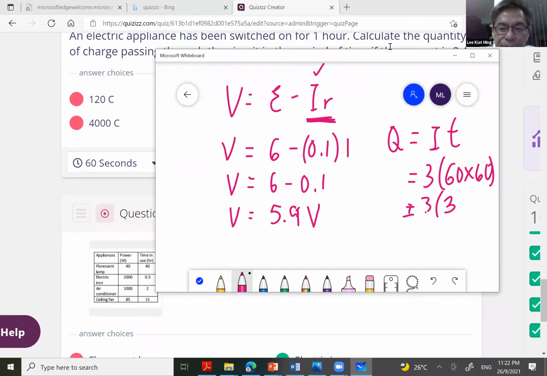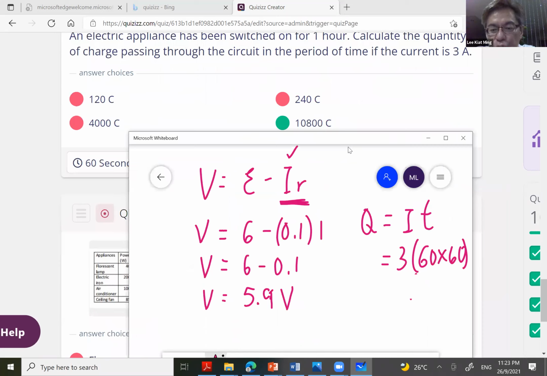It's a very simple calculation, 3 times 3,600, so the value will be 10,800. That's why you see the answer in the green button, in the unit column, because it is charge. Do I make myself clear?